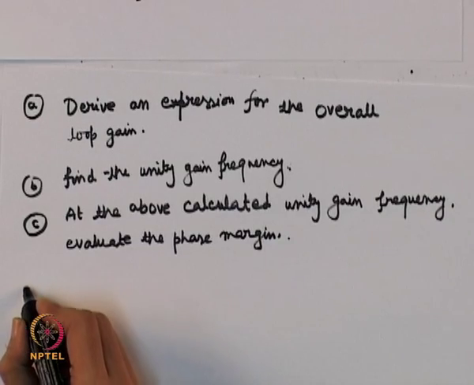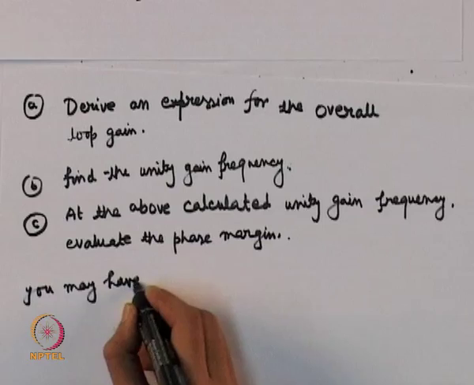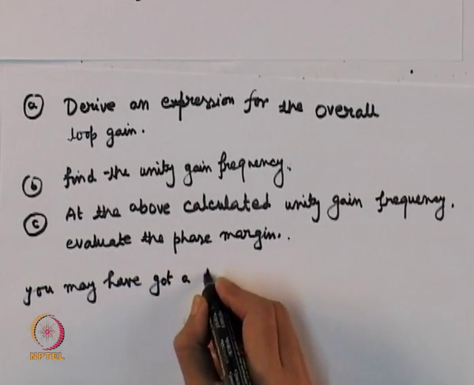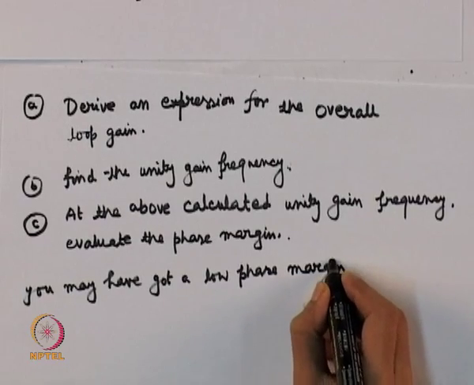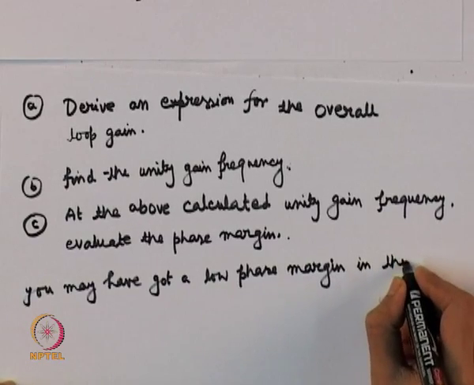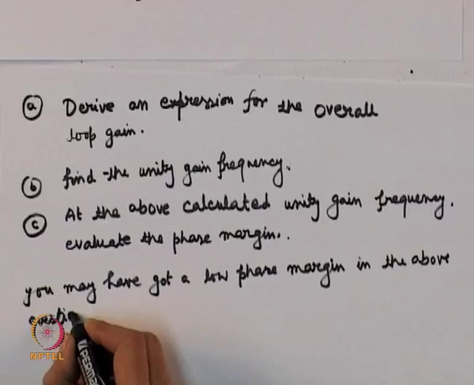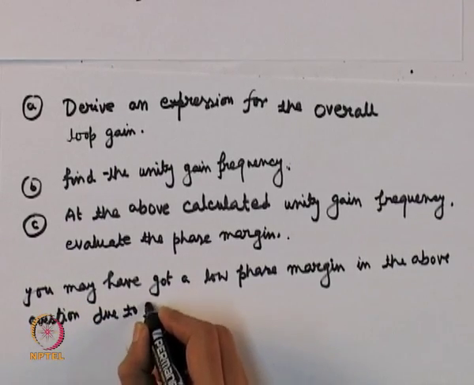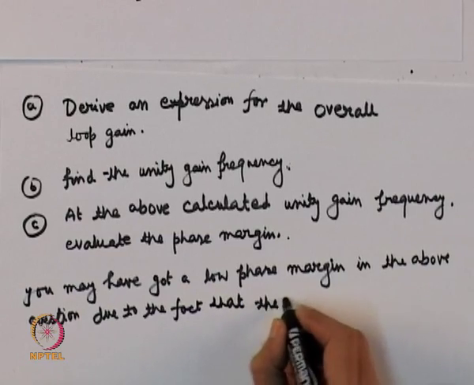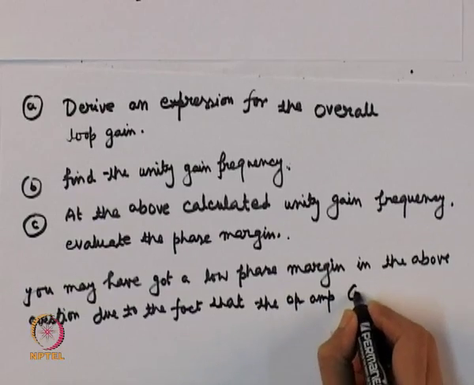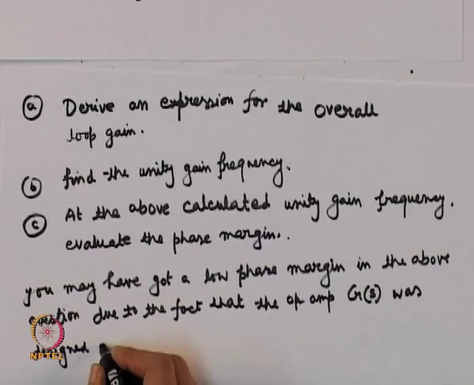They are telling that you may have got a low phase margin in the above question due to the fact that the op amp G(s) was designed very badly.